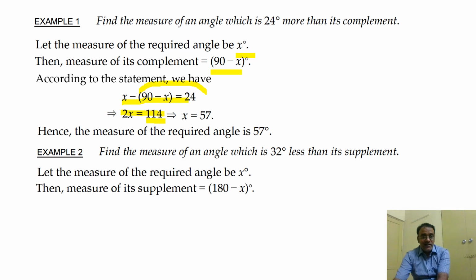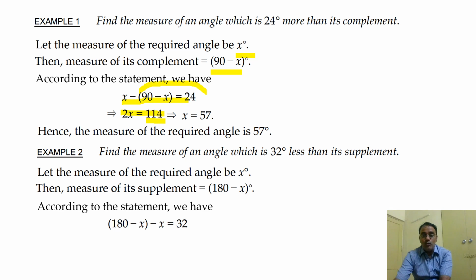Right, now according to the statement, we have 180 degrees minus x equals 32 degrees. In less than and more than, the difference of the two angles will be the given angle. Here 32 is given, so the difference of these two angles is 32. There is no need to open the bracket.